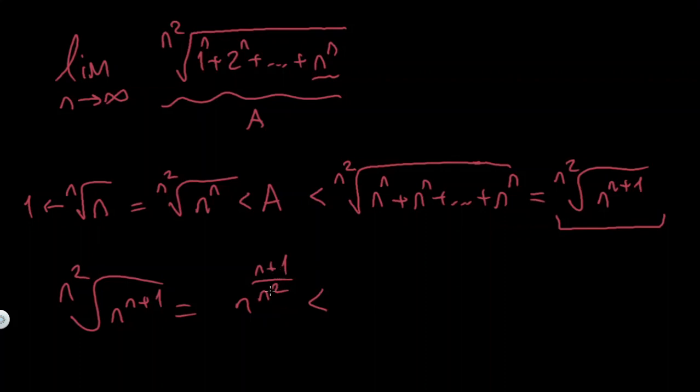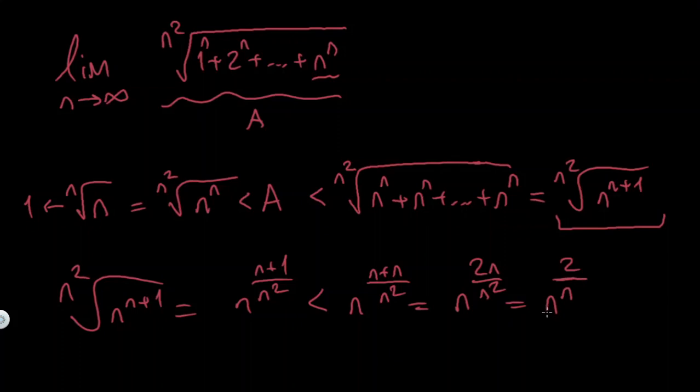So n to the x is an increasing function, so if I just increase the top part, this is going to be bigger. Instead of n plus 1, I can say n plus n over n squared. So this is equal to n to the 2n over n squared, which is equal to n to the 2 over n.